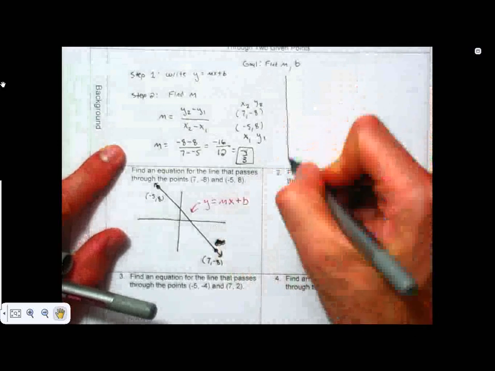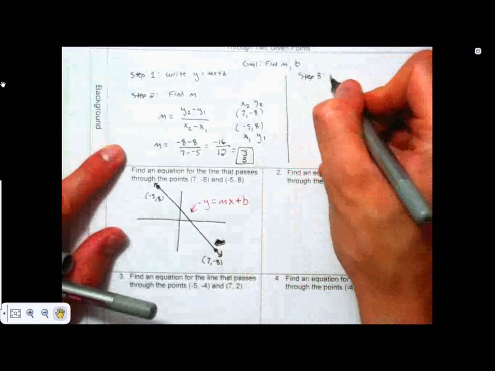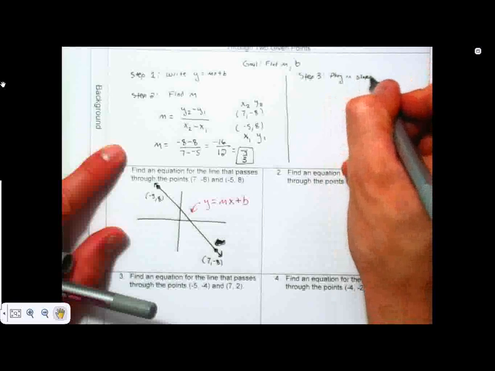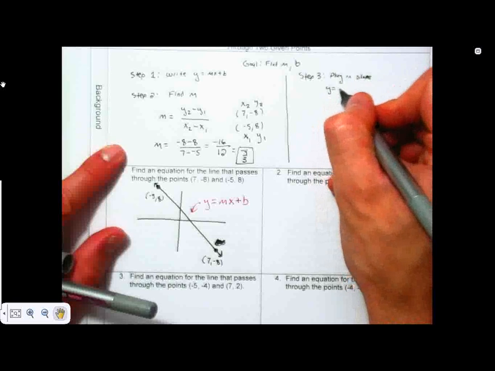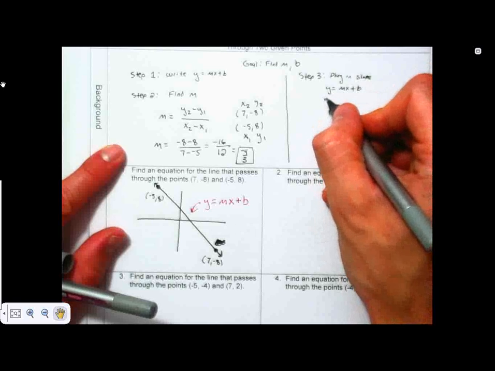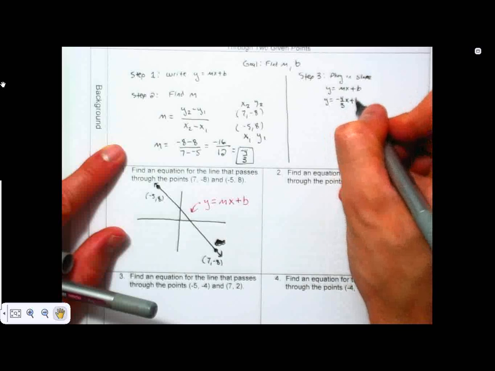So step 2 in the process is to plug in your slope. We've got y = mx + b. Now I know what m is, so I'm going to plug that in.